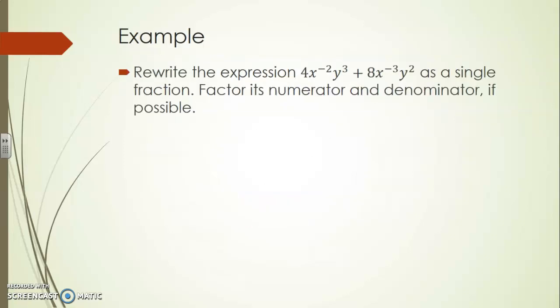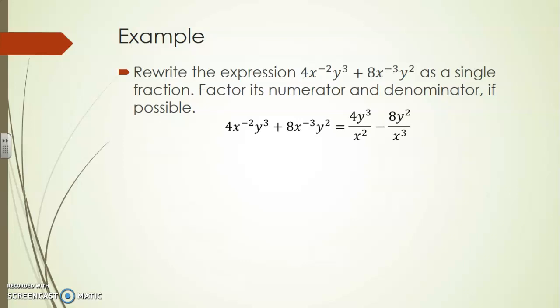This time we're going to rewrite the expression 4x to the minus 2 y cubed plus 8x to the minus 3 y squared as a single fraction, and we're going to factor the numerator and denominator if it's possible. So here I'm messing with your minds a little bit by including some negative exponents as well.